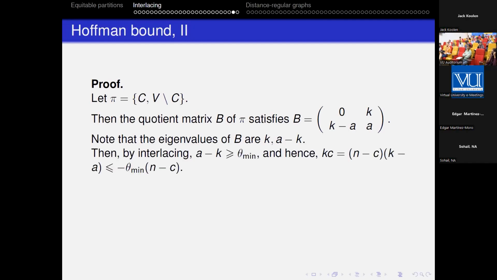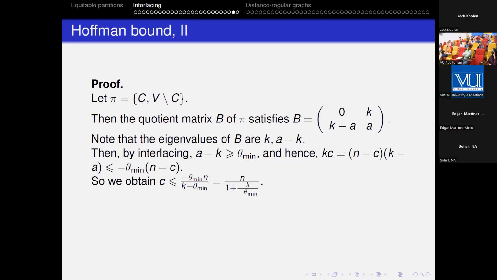By interlacing, we know that a minus k must be at least theta min, because the eigenvalues of the quotient matrix interlace those of A. Then you can calculate this, because k times c must be the same as (n minus c) times (k minus a). And k minus a is at most minus theta min.